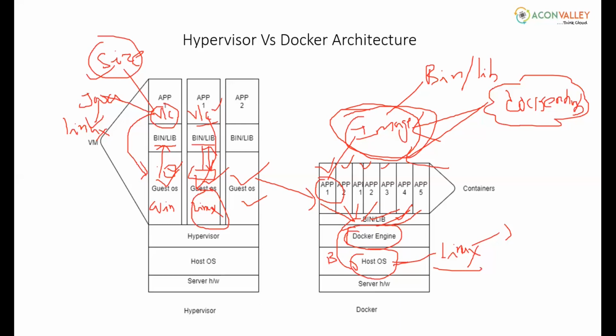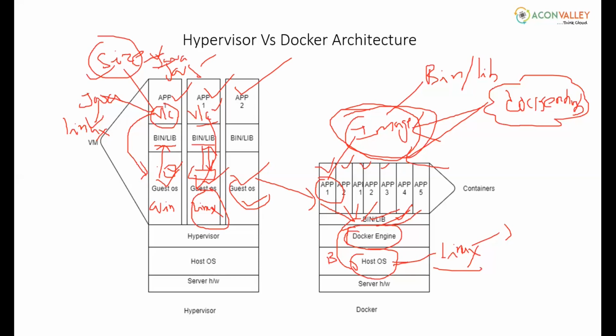It will take less time because you just pull the image and it will work. You don't have to install SQL separately, Exchange separately, Java separately, and you don't need a separate OS for that. Suppose I want to install Java 5 and Java 8.